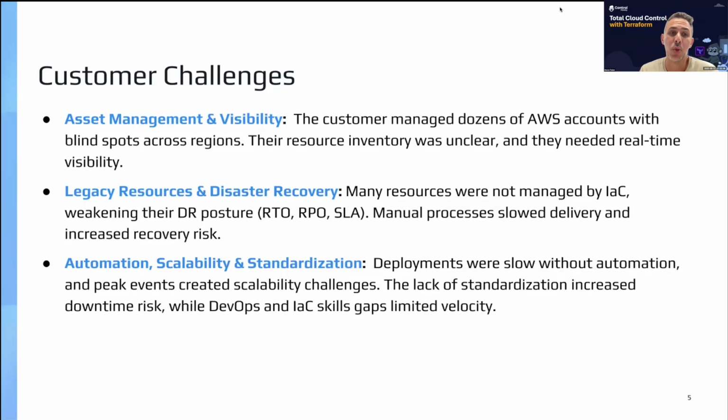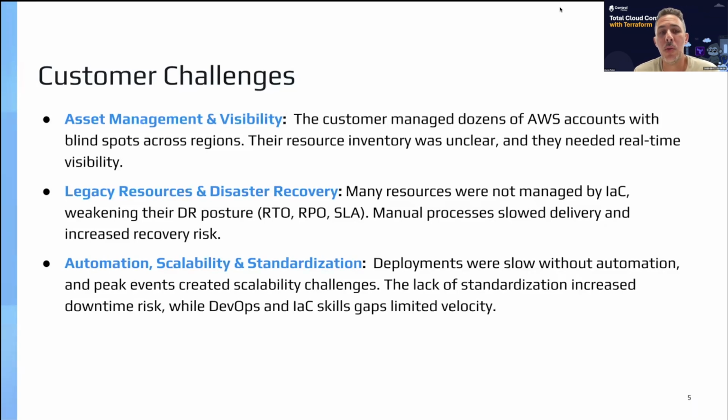They had a lot of legacy infrastructure not managed with IaC. This, of course, affects their DR posture, their SLA to their customers, their RPO, their RTO. They did have some manual processes to recover some of the resources, but those were really slow and didn't meet their SLA with their customers. So that's challenge number two.